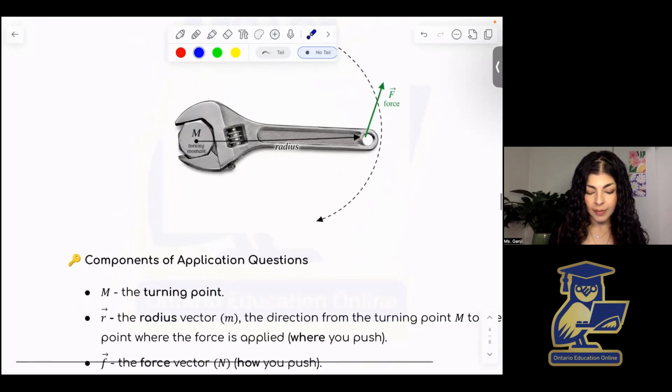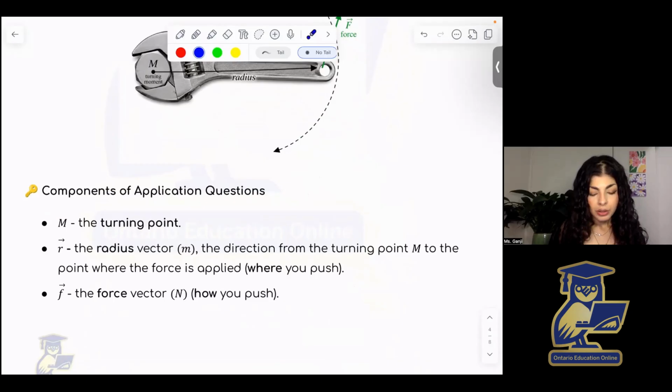So now let's see what that could look like. Of course we have M, which is our turning point. We also then have vector r, which is now the radius vector, and it is in the units rm. And this is the direction from the turning point M to the point that the force is applied.